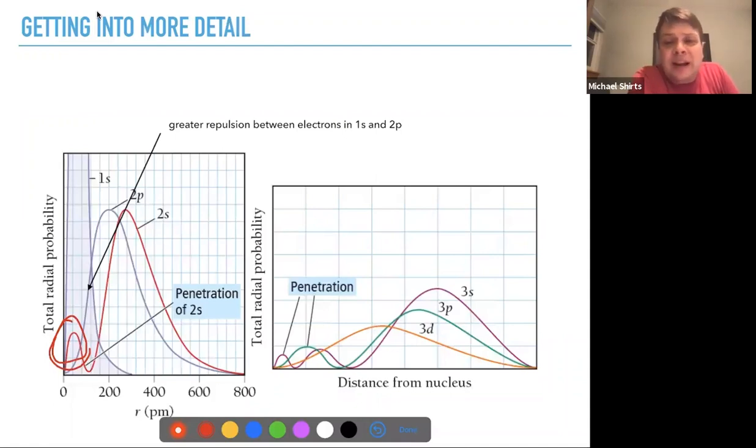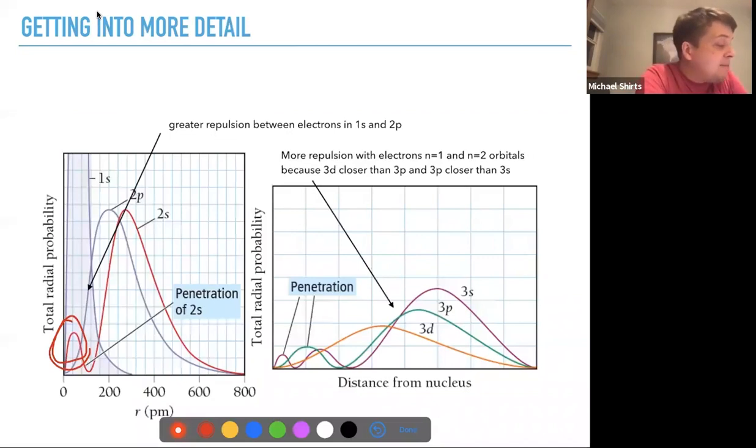The same with the 3s, 3p, and 3d. They have different shapes, and therefore they're going to interact differently with the other electrons. The 3s penetrates the electron cloud more than the 3d and 3p.